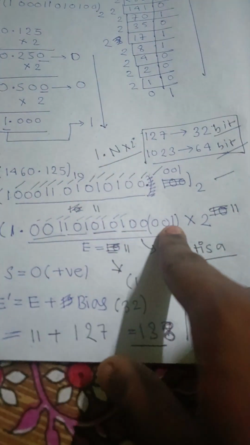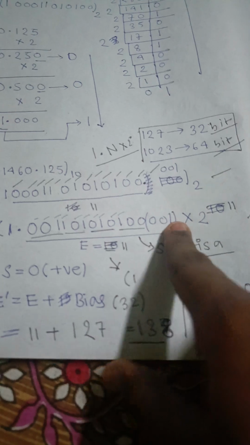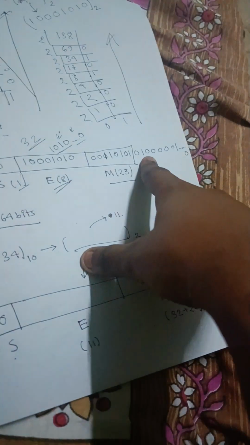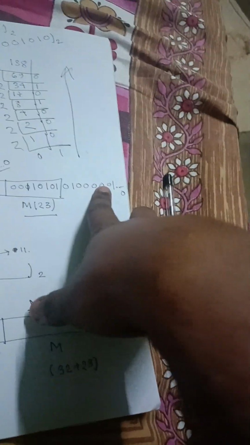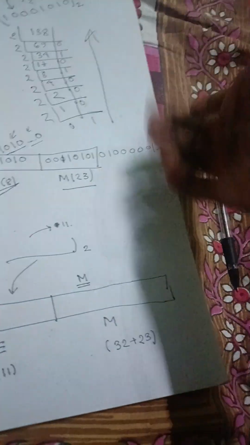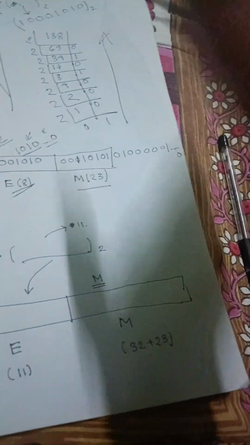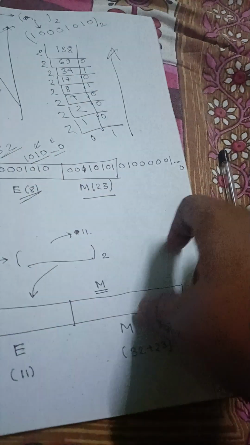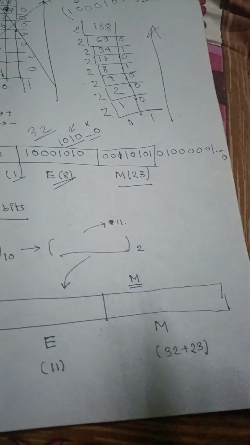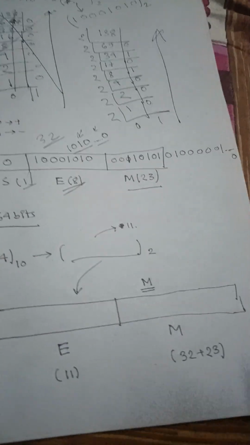So the whole of those numbers is the mantissa, and we give it in the mantissa field. We add dot dot zero because 23 bits are not covered, but we have to write it as if 23 bits are covered. Dot dot zero signifies that the empty spaces are completed by zeros.